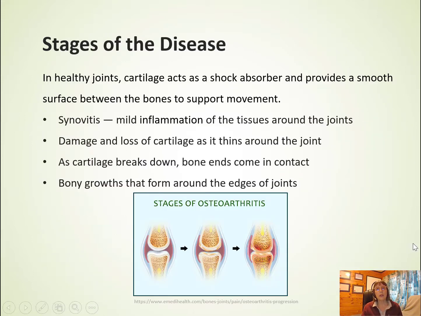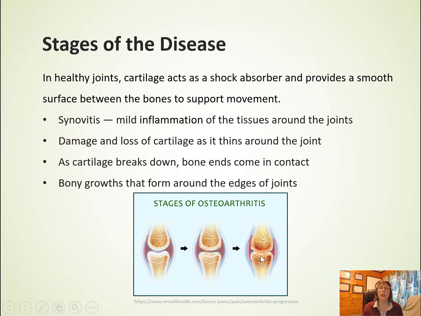So let's look at the stages of the disease. In a healthy joint, you will see the cartilage here acting as a shock absorber during movement. So the first stage of osteoarthritis is this area here, the synovium, becomes inflamed, called synovitis. The disease then progresses to this loss or thinning of the cartilage, and that's the first stage of some of the restriction of movement.